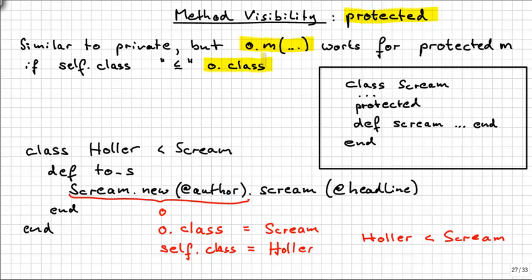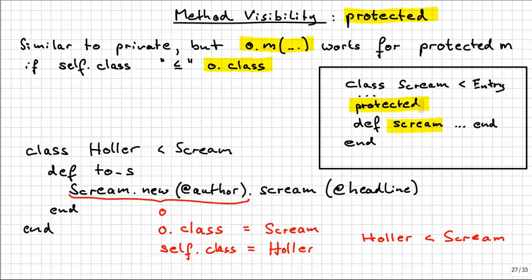So to show you an example, let's assume we have our class Scream here, and it is also a subclass of entry. But now we declare the scream method to be protected instead of being private. Remember, if it's private, we cannot have calls of the form o.scream for any o.